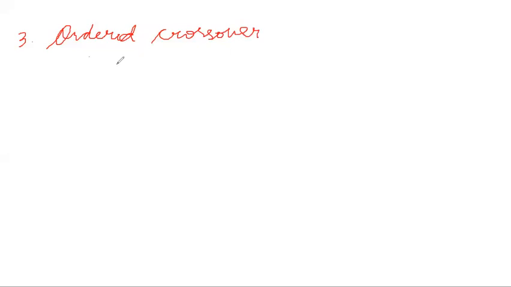So let's say we are again going to consider 2 parents for the ordered crossover. I can have the same parents: 4, 3, 2, 1, 6, 9, 8, 10, 7 and 5.